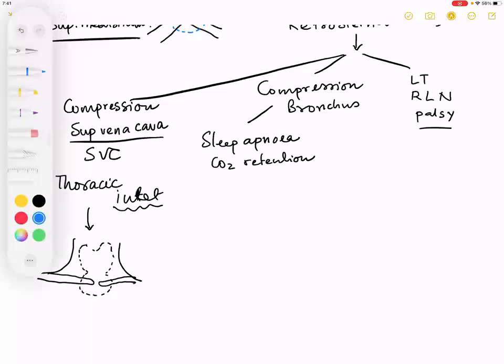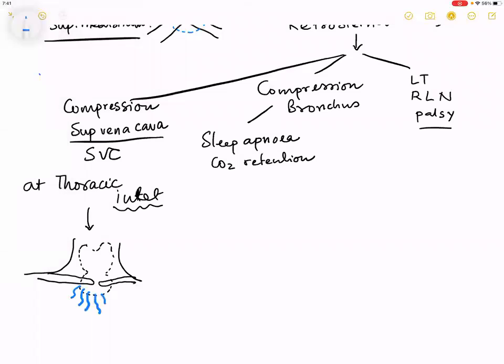The answer to this is because I can see multiple veins on the chest wall. Okay. So these multiple veins on the chest wall suggest that it is going in the superior mediastinum and it is compressing on the superior vena cava.